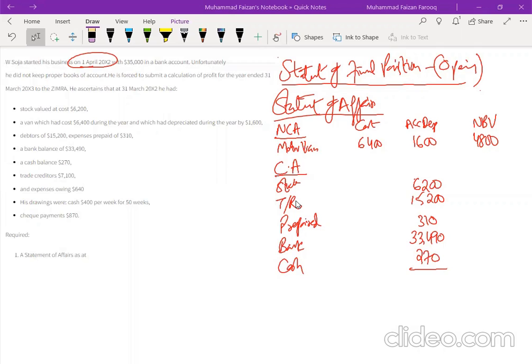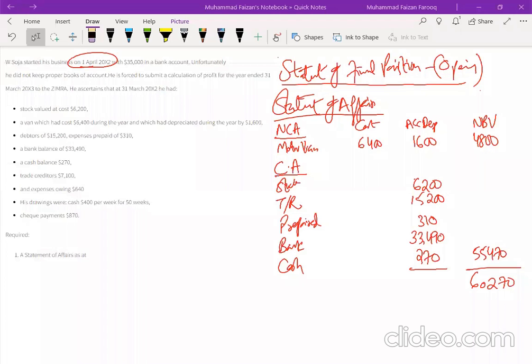Just make the total of it: 55,470. We have non-current assets of 4,800, so we will get some amount. Now we got the total amount. This is known as total assets.